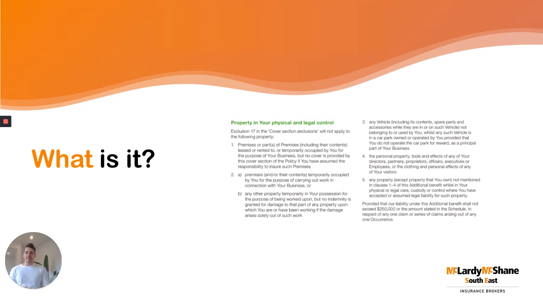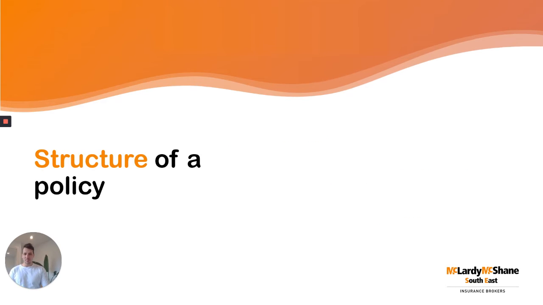To understand that a little further, let me explain the structure of a public and products liability policy first. First and foremost, it has insuring clauses, so what the policy provides cover for. To keep it really simple, a public and products liability policy provides cover for third-party injury or third-party property damage. You need one of those two things for your policy to respond.